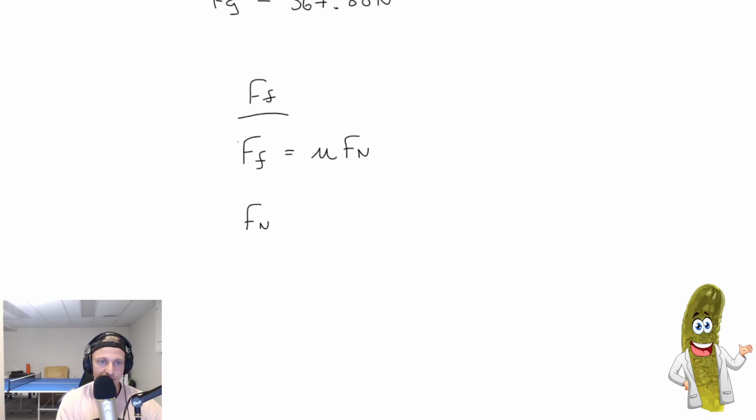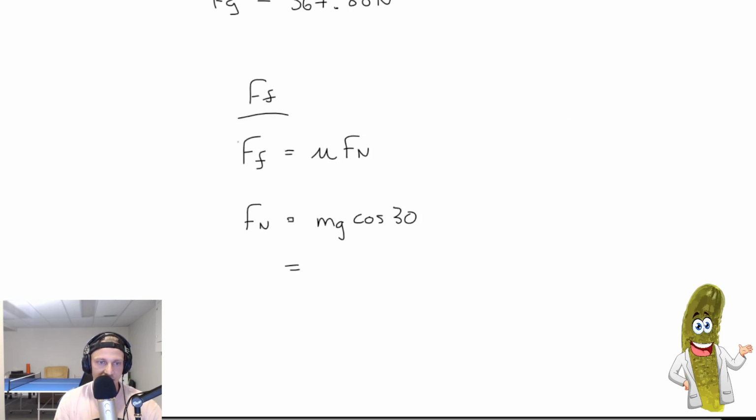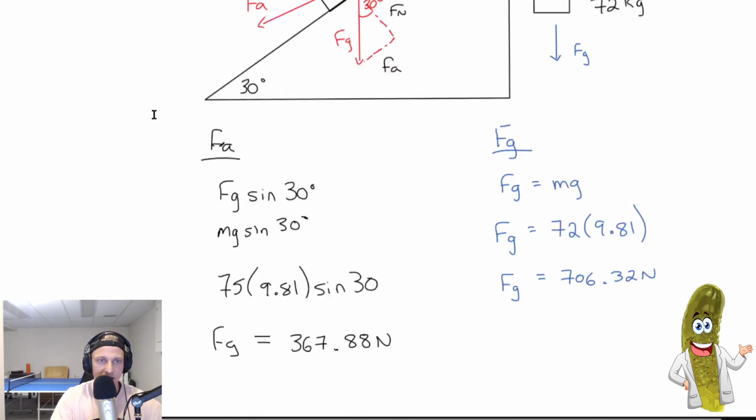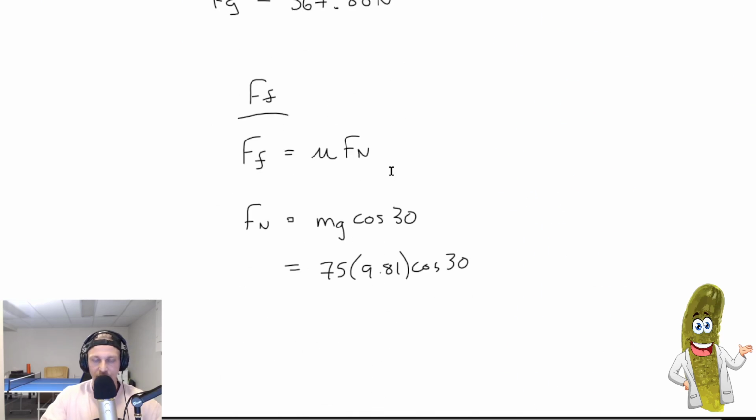So Fn is equal to mg cos, and I believe I gave us a 30-degree angle, right? 30 degrees. So this is then mass of 75, gravity is 9.81, cos 30.